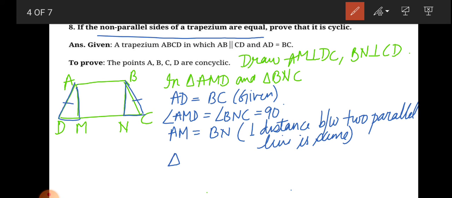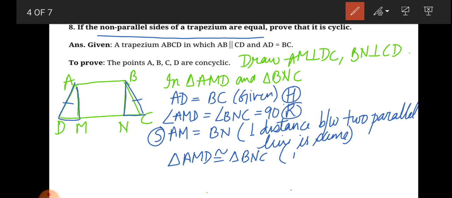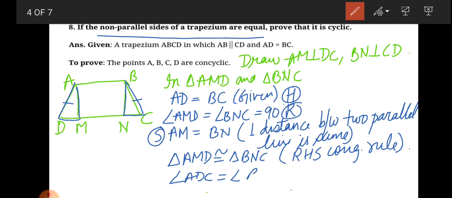So triangle AMD is congruent to triangle BNC by the RHS congruence rule. And by CPCT, angle ADC is equal to angle BCD.